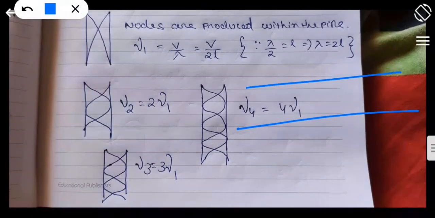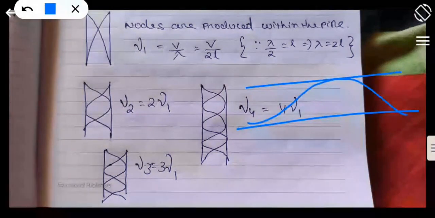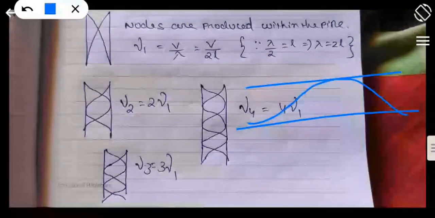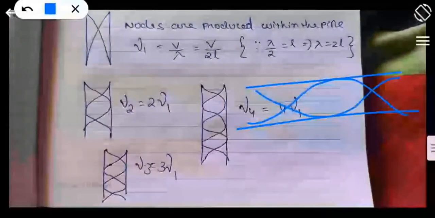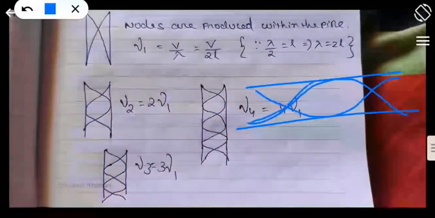Everything will be the same like this. It is produced like this, and another one will be somewhere. In this case, consider the original one, only this half.